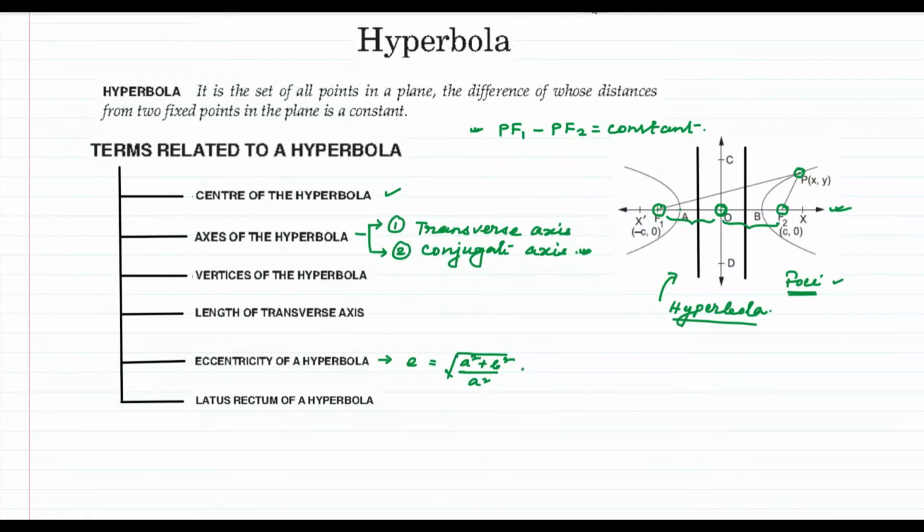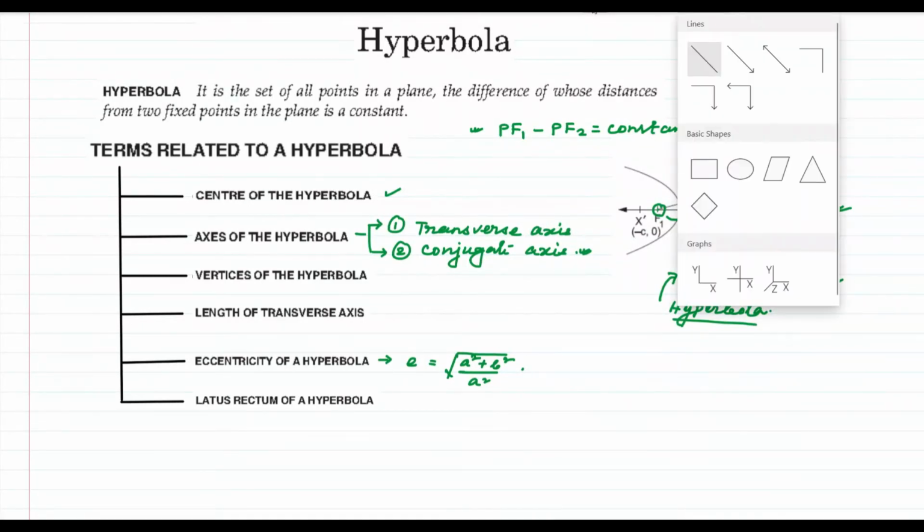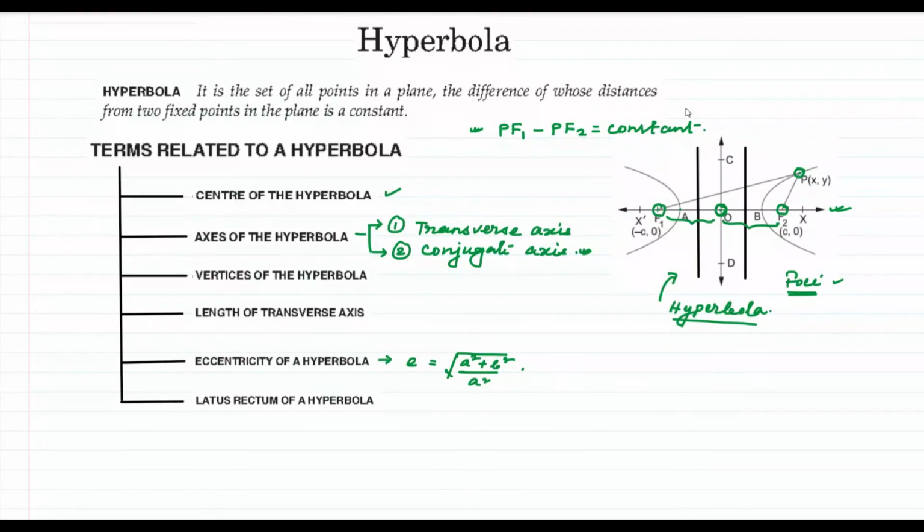What is the latus rectum? Latus rectum of a hyperbola means a chord of the hyperbola which passes through the focus and is perpendicular to the transverse axis. So there should be two chords which pass through the foci and are perpendicular to the transverse axis.